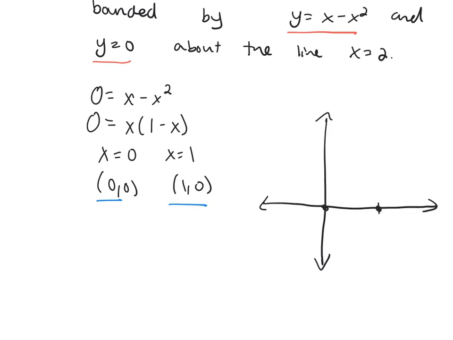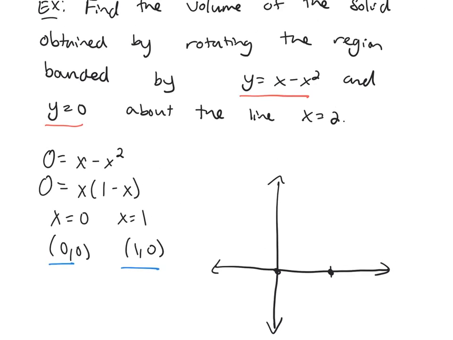Y equals 0 is just our horizontal line, just the x-axis. And now I need to plot the graph of the other equation, x minus x squared. That's a parabola. It's going to point downwards.